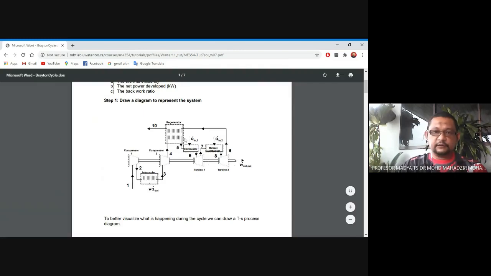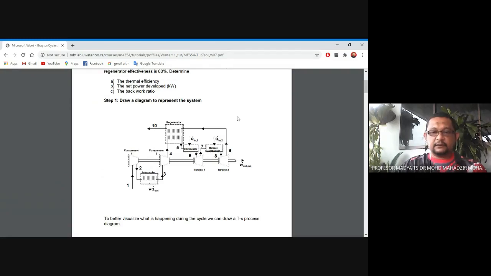It also has a heat exchanger called a regenerator after turbine number 2. This is the schematic diagram that you have to know how to draw.